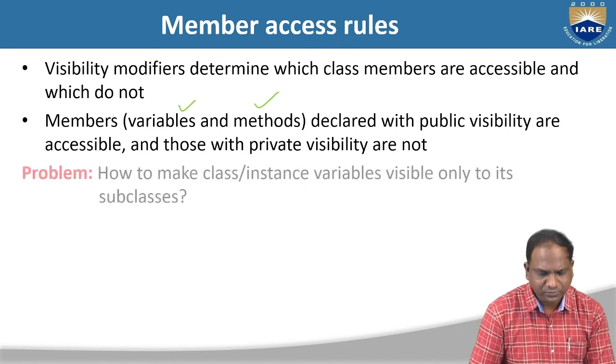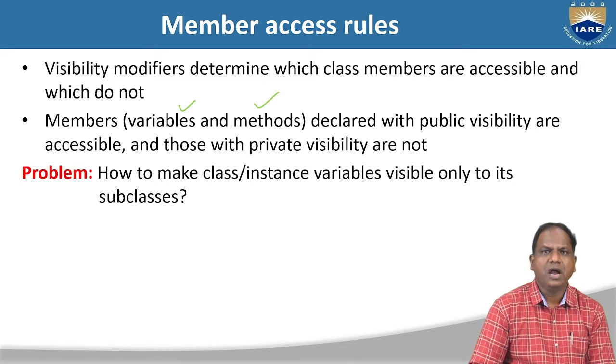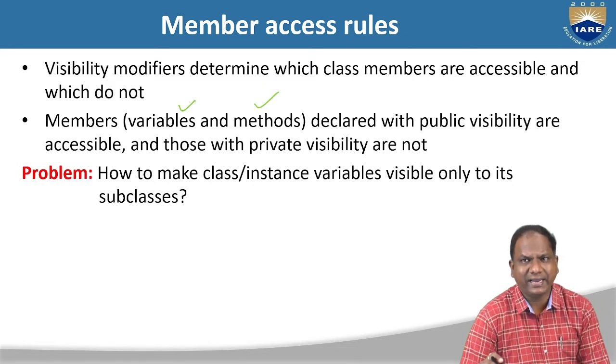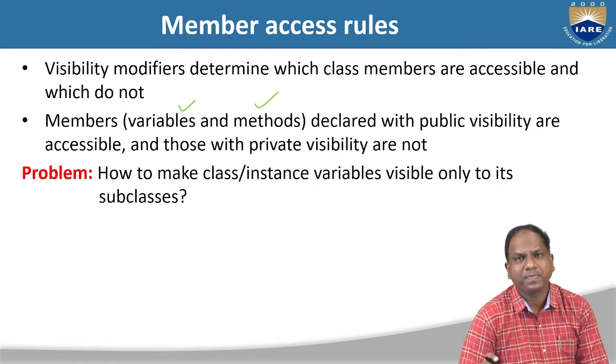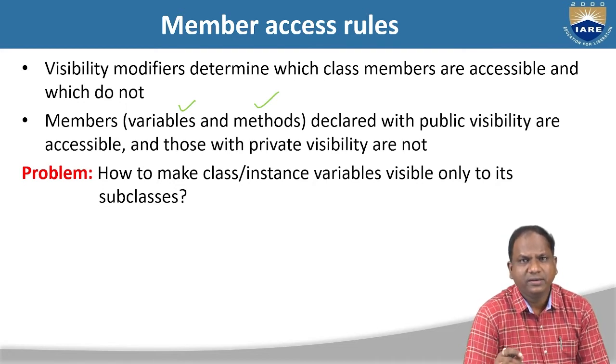So, the problem: how to make class or instance variables visible only to its subclasses? I want only subclasses to be able to access or see my instance or class variables.